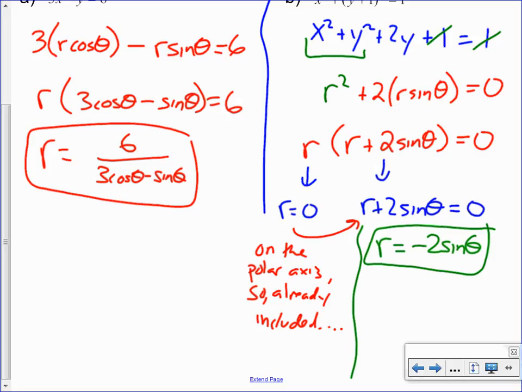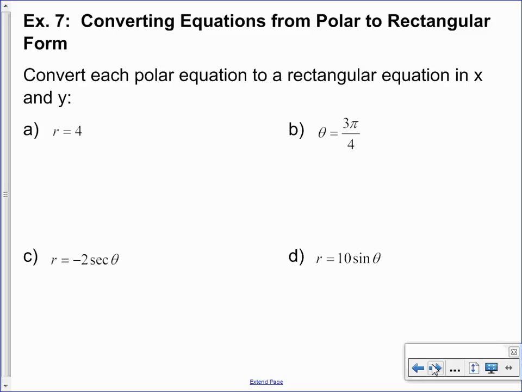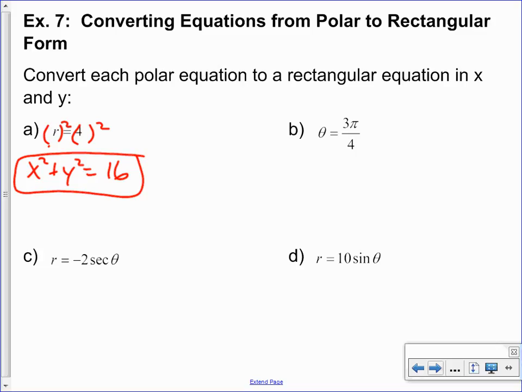Okay. So good. Here's my favorite one. Going from polar to rectangular. What do we got? If you square both sides, or in other words, multiply by r, you have x squared plus y squared. Okay.